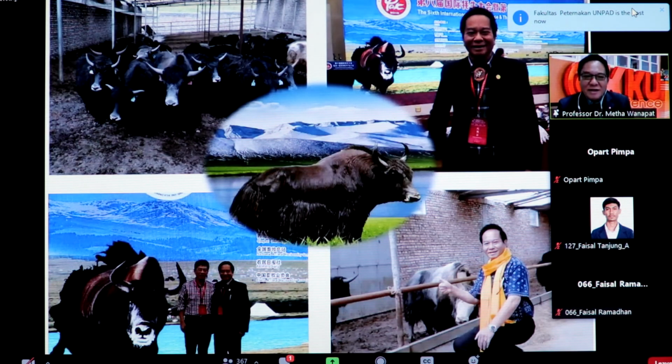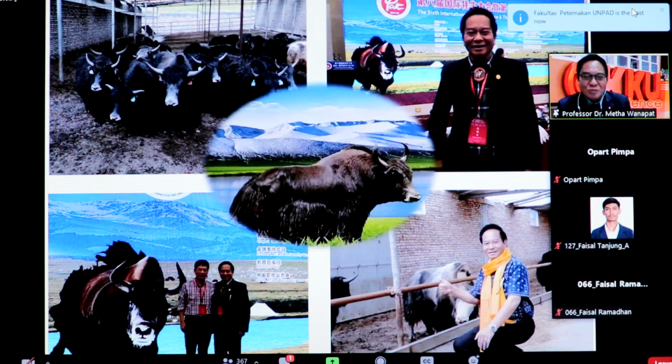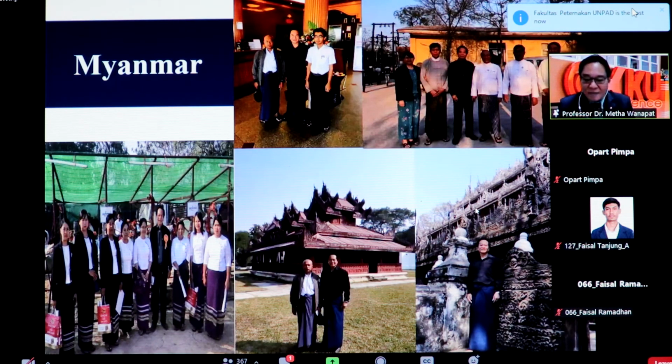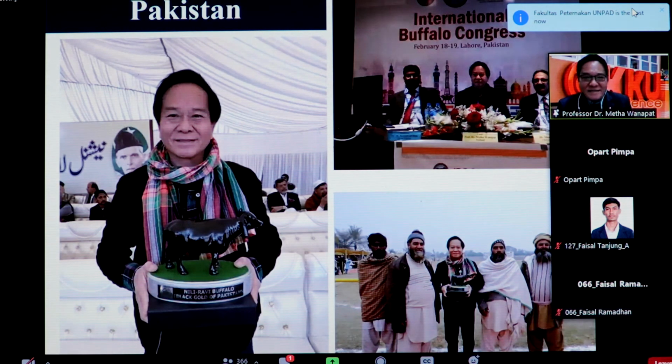Some pictures with the yak, another potential ruminant in China and Mongolia. Very important and very interesting, we should learn more. I've been lucky to travel around, like in Myanmar, to help the government there with livestock development. Pakistan, the buffalo work. Some friends from Indonesia were also there. So we know each other.